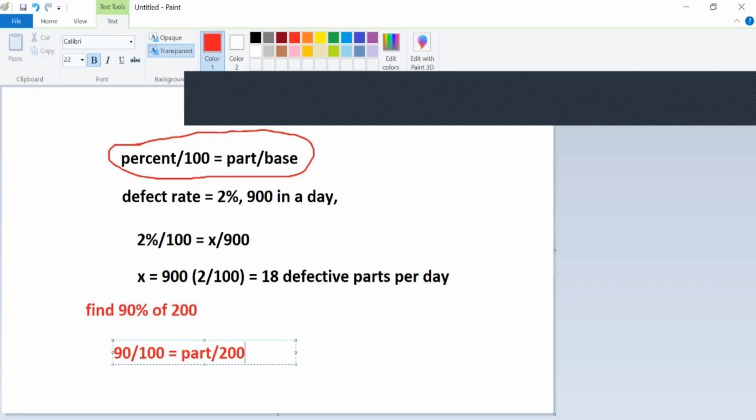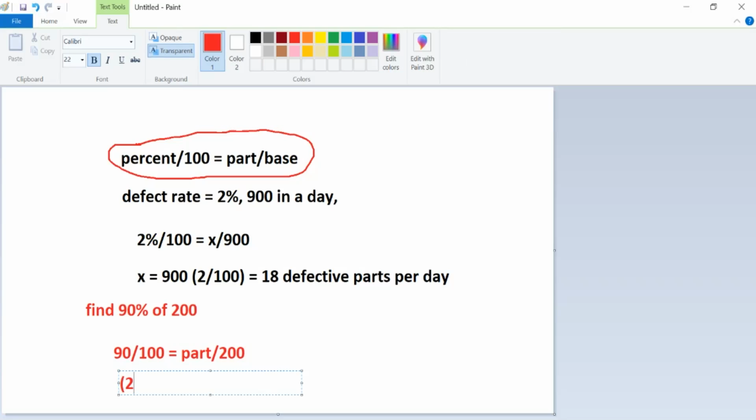Now you just use your algebra, get part by itself. So what do I have to do to both sides of this equation to do that? I got to move 200 to the left-hand side, so I just cross multiply.